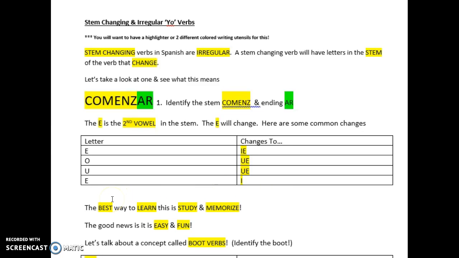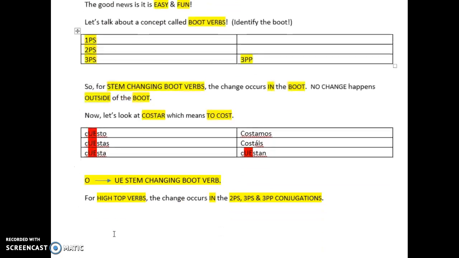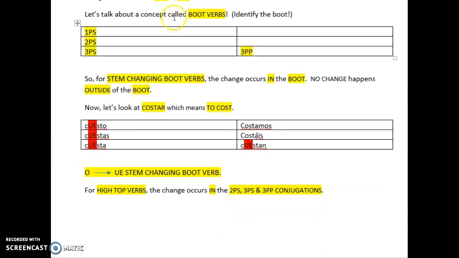The best way to learn this information is to study and memorize. But the good news is, it's easy and fun. Let's take a look at the first concept we're going to look at today, called boot verbs. In this 6-box conjugating chart, we are going to identify the boot. The boot is the first person singular, second person singular, and third person singular conjugation, as well as the third person plural conjugation.